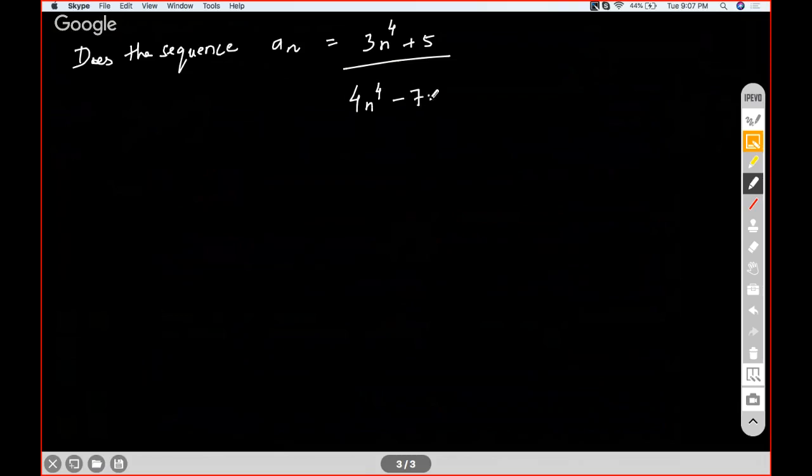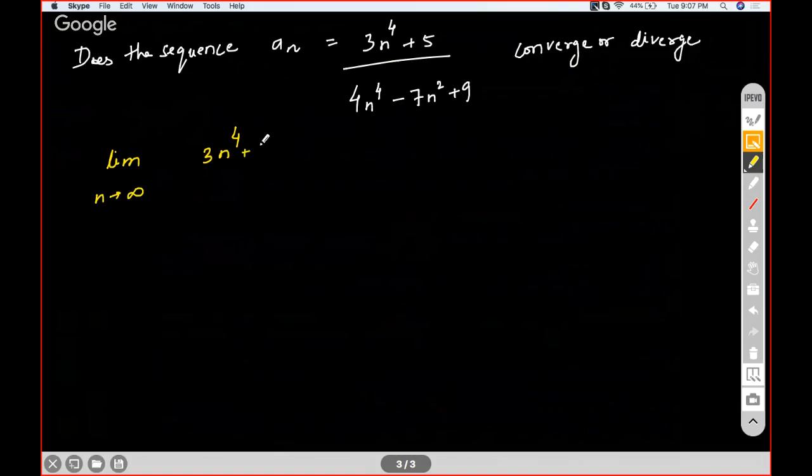Let's take another case. Does the sequence whose nth term is given by (3n^4 + 5)/(4n^4 - 7n^2 + n), does it converge or diverge? What will you say? Again, find the limit as n tends to infinity.